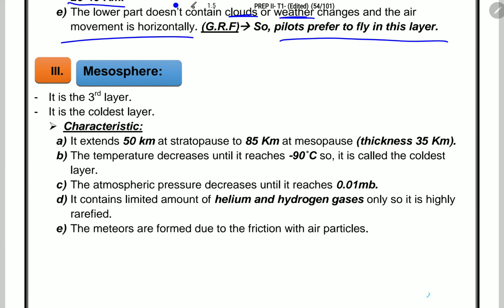Third layer, it's called the mesosphere. And the mesosphere means the middle layer.